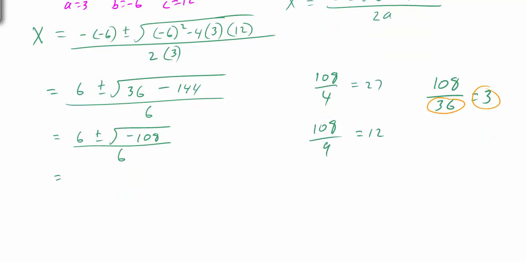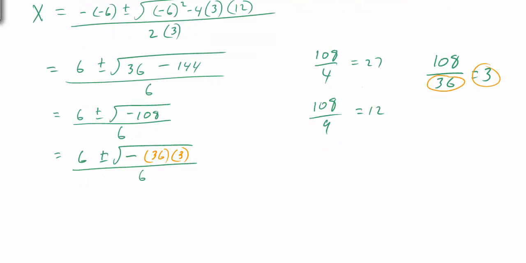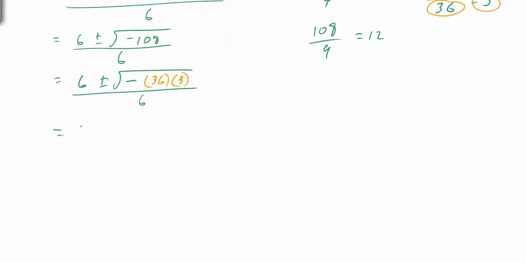So over here, if we think of this as 6 plus or minus the square root of a negative 36 times 3, then how can we simplify this square root? Then we would have 6 plus or minus. The square root of 36 is 6. The square root of the negative is i, and then the 3 remains underneath.